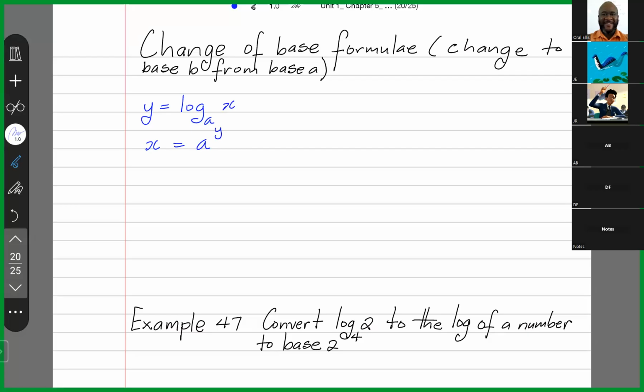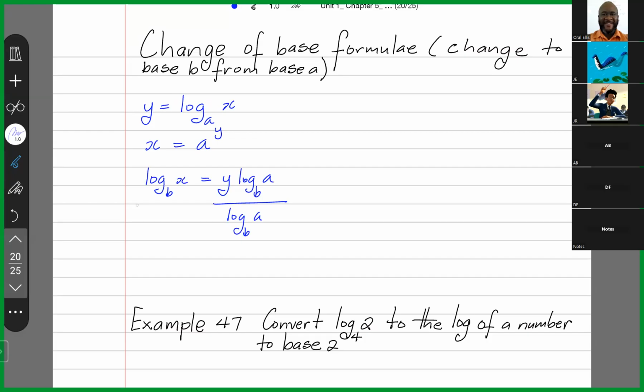Now let's change the base on both. Let's change the base now. Take log to the base B of both sides. So now log to the base B of x is equal to y log to the base B of A. Now, if I divide both sides by log to the base B of A, this cancels that.